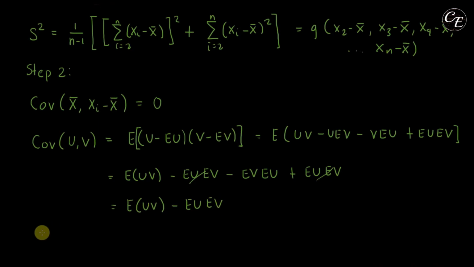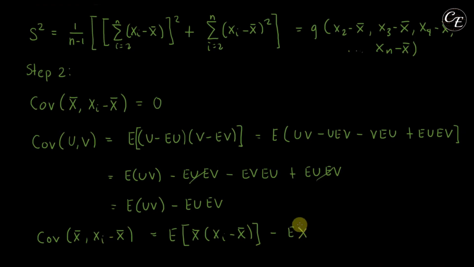Then for this one, we have the covariance of x bar and x sub i minus x bar. So it becomes the expectation of their product, x bar times x sub i minus x bar, minus the product of their expectations, expectation of x bar times expectation of x sub i minus x bar.